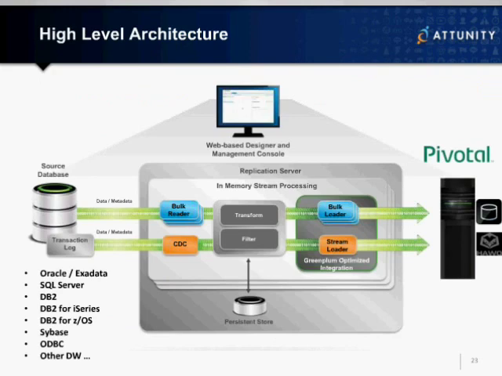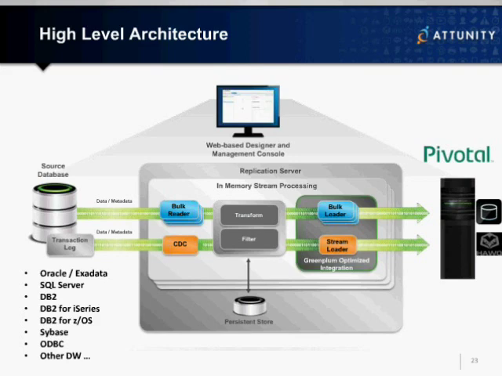The Attunity server can run as one instance or multiple instances. In the server, you can run one or more tasks for loading the data. Those tasks automatically map between the source and the target, so you don't need to do any coding. You can apply some light transformations, and you have very flexible filtering options.